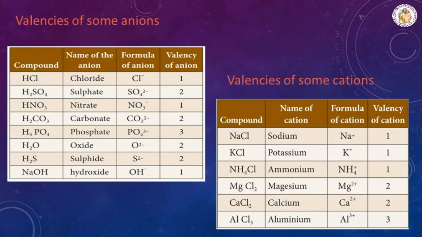Next, in aluminum chloride, the name of the cation is aluminium, and the formula of the cation is Al3 plus, and the valency of the cation is 3 because the aluminium ion is combined with 3 chlorine atoms here.